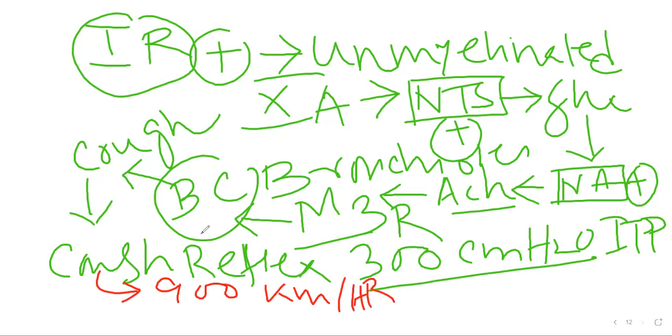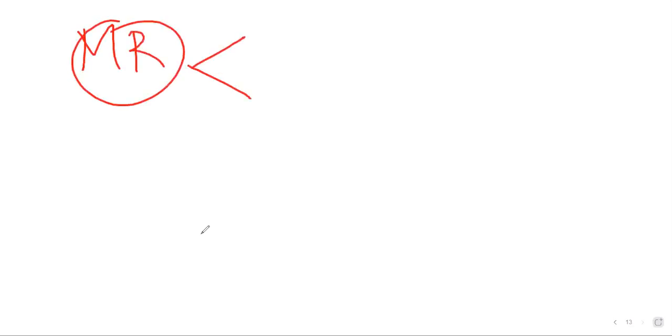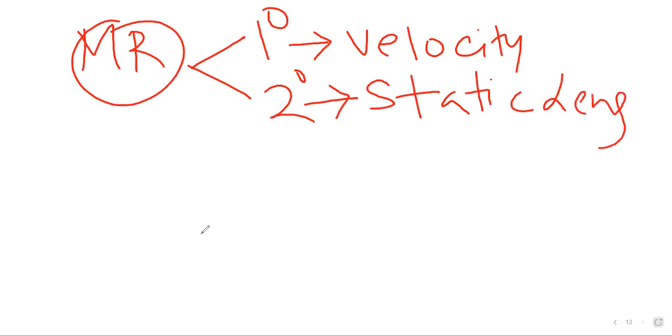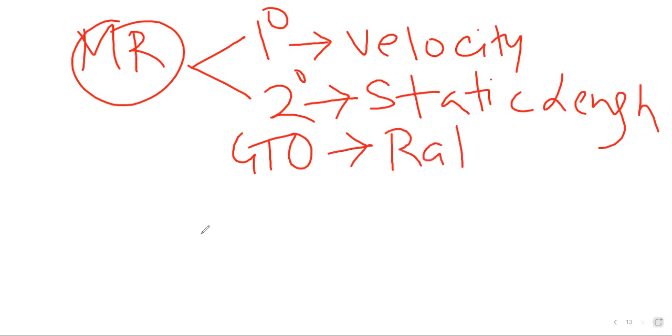And finally, we have the mechanoreceptors, which operate via several muscle spindles. Some of the muscle spindles can sense the velocity of shortening of the muscle fiber. The second type of muscle spindle can sense the initial, static length of the muscle fiber, and the Golgi tendon organ can sense the rate of contraction of the muscle fiber.